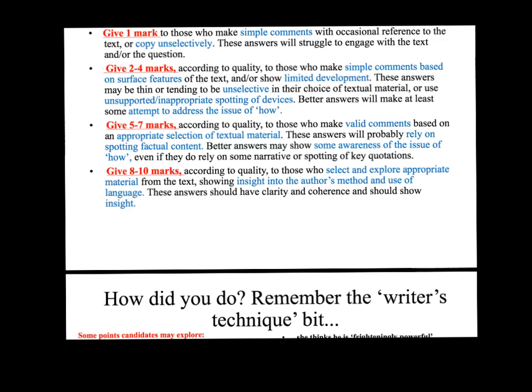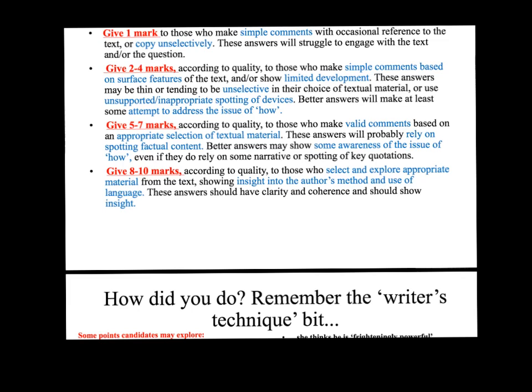If you're securely in the C grade, so mark 5 to 7, then you make valid comments and an appropriate selection of textual material. Your answers will probably rely on spotting factual content. But moving towards 7, which is more towards the B grade, you will show some awareness of the issue of how.